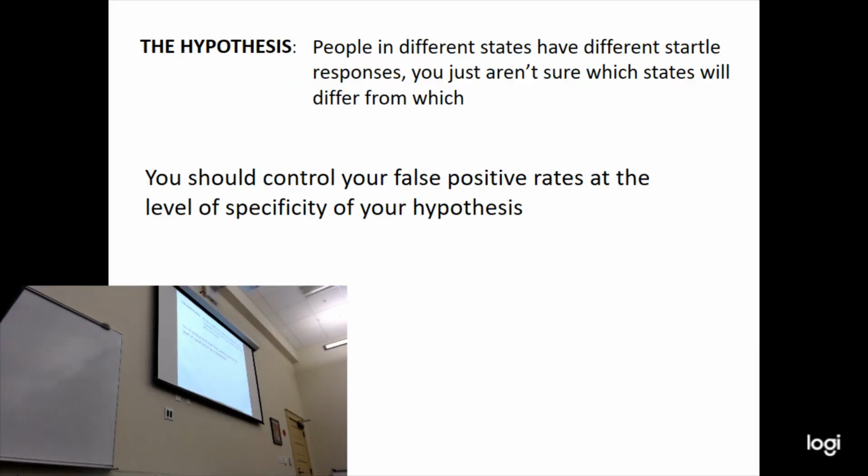So if you have a vague hypothesis, which is fine, sometimes that's all you can do, the cost that you have to pay for that vague hypothesis is some special correction procedures for controlling the family-wise error rate. That broader hypothesis means that you have to think about a larger family of tests instead of one specific test that bears on your hypothesis.